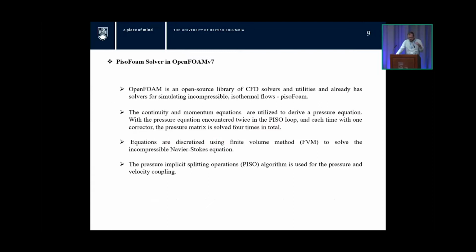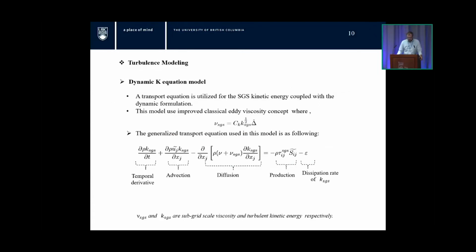The pressure equation is solved twice in the PISO loop, and then with each corrector, we solve the pressure matrix 4 times altogether. The subgrid scales are modeled using a dynamic k-equation model, which is fairly standard.